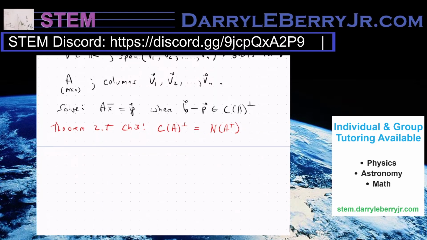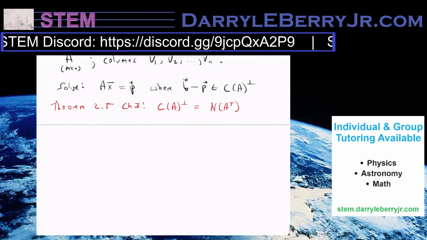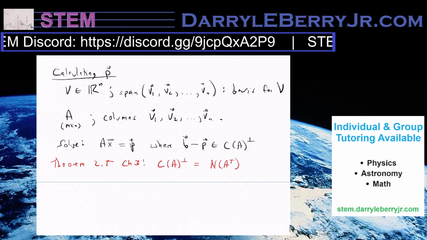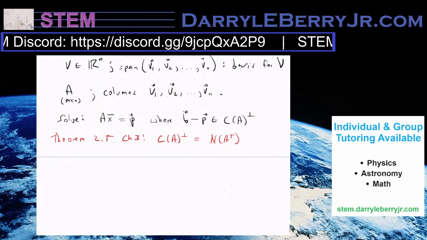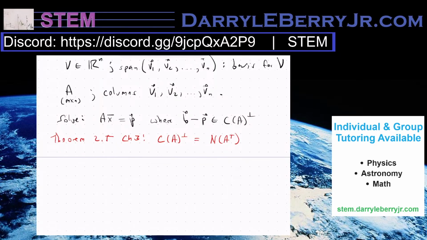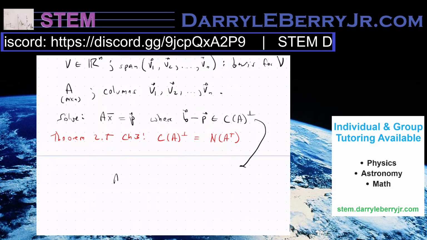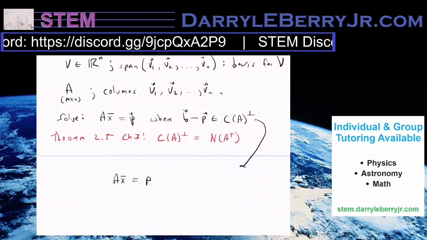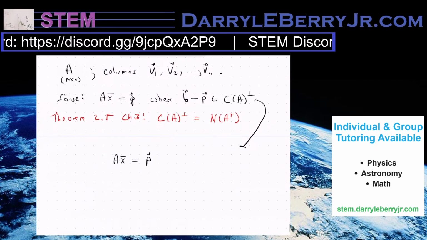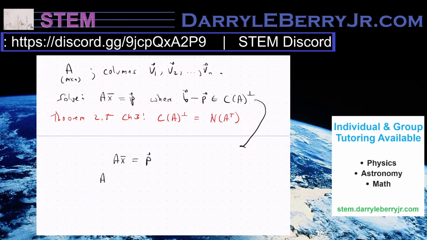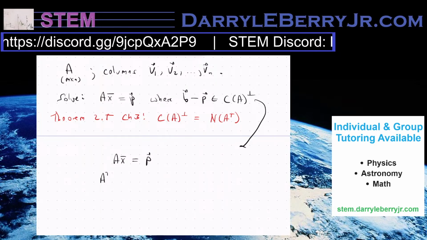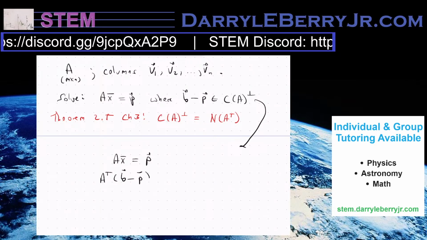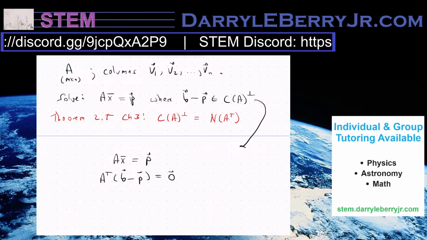So now we can rewrite our problem as a pair of equations. We want to bring this down and say A x equals P, and A transpose (B minus P) equals 0.